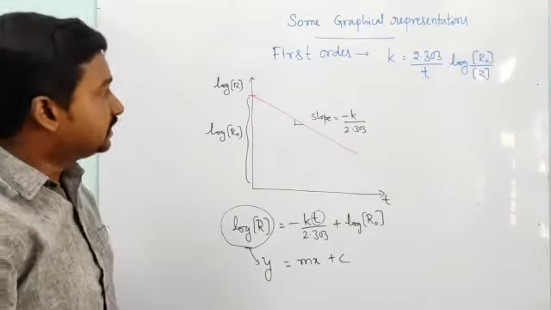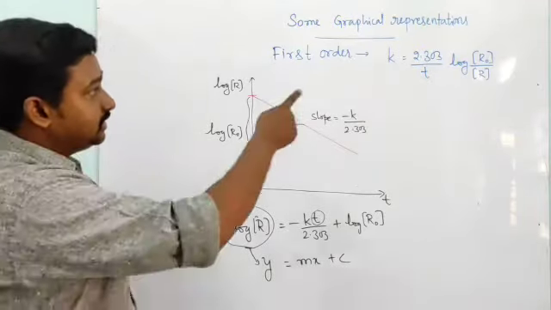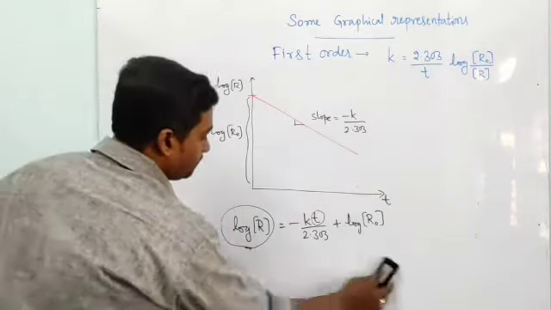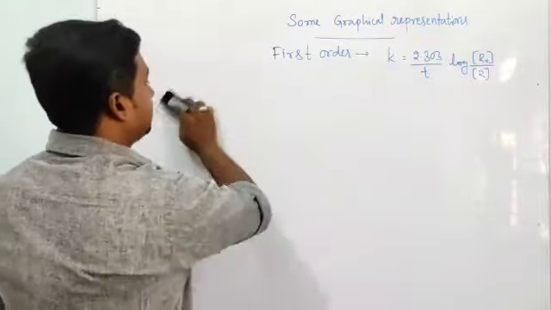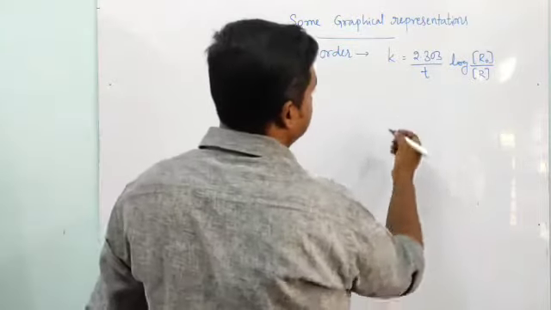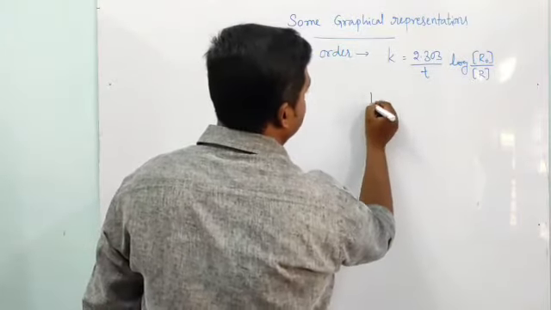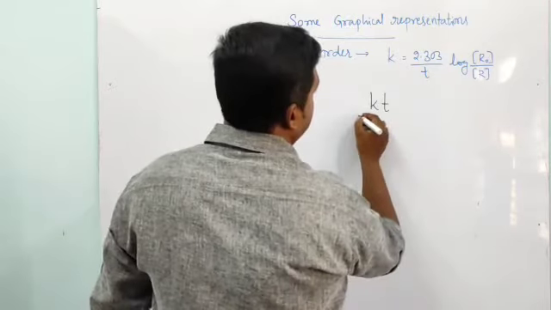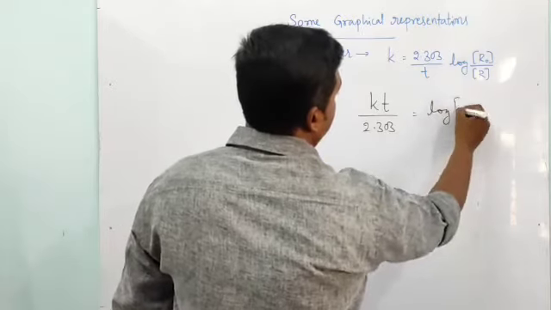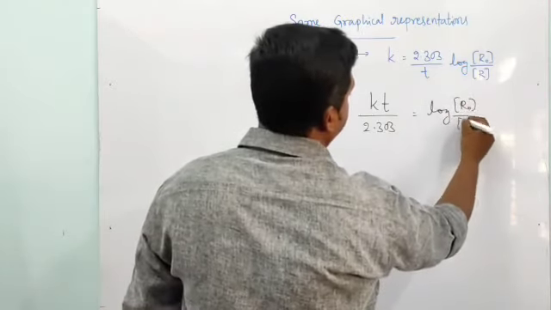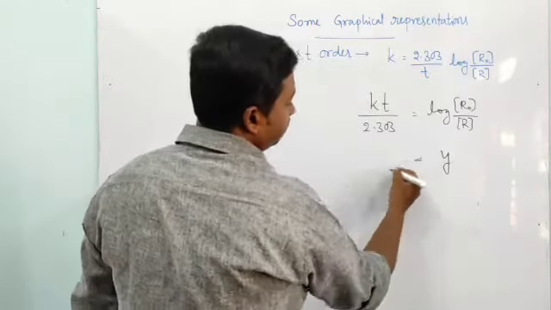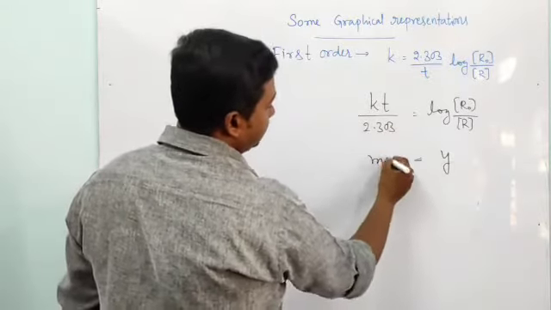Now we will see the second way of representing the rate constant equation of a first order reaction. Directly by relating this expression in this manner, just cross multiply this, you will get kt by 2.303, which is equal to log of R0 by R. Now I can compare this as y equals mx plus c.